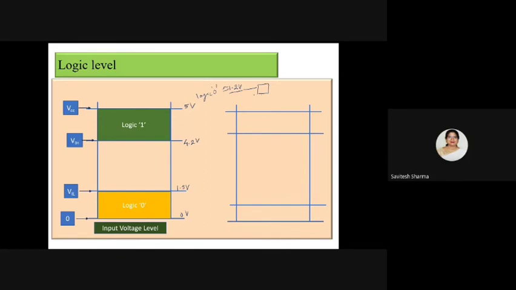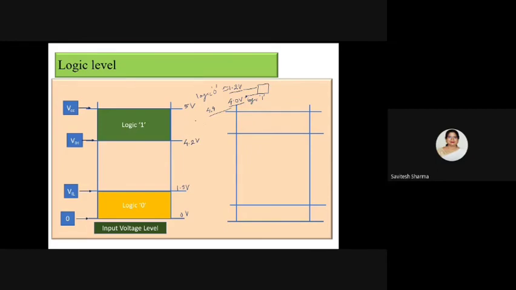For example, if you are applying a voltage of 4 volt at this input, it will assume it as logic 1. If you are applying 4.9, again it will assume it as logic 1. So the voltage ranging from 4.2 volt to 5 volt, it will take as logic 1.